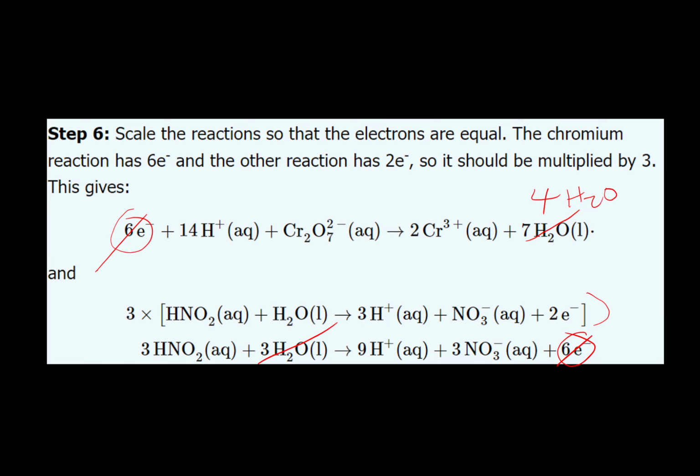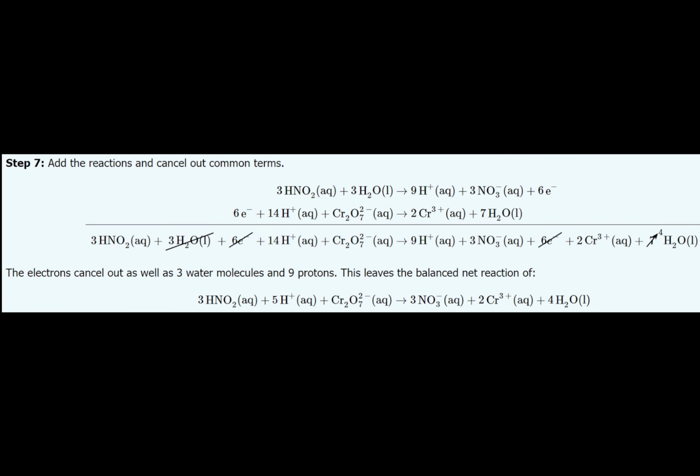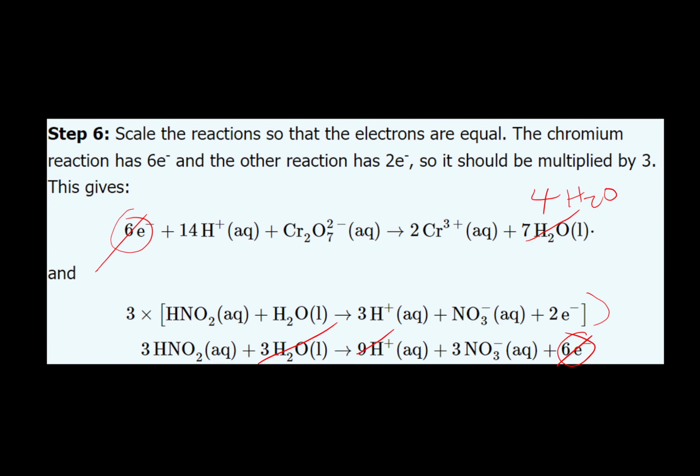And then we must cancel the hydrogen, the protons in solution. So in cancel, we know what we're going to have. Let me just do this first. Cancel the 9 there from the 14. We should get what, 5? 5 protons. Yeah. So we should have 5 protons.